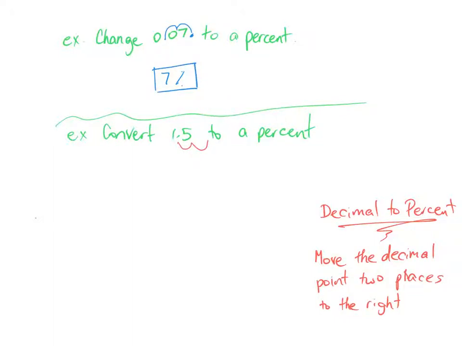Notice there is no number right here. That's okay. The placeholder value is just going to be 0. Anytime you don't have a digit to fill in that spot, you are going to want to put a 0 there. So the new decimal point will be right here. We've moved it 2 places to the right. And now as a percent, this is going to be 150.0, but we don't have to put the 0, so 150%.